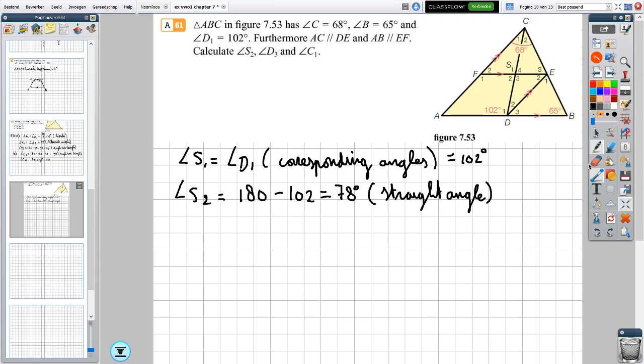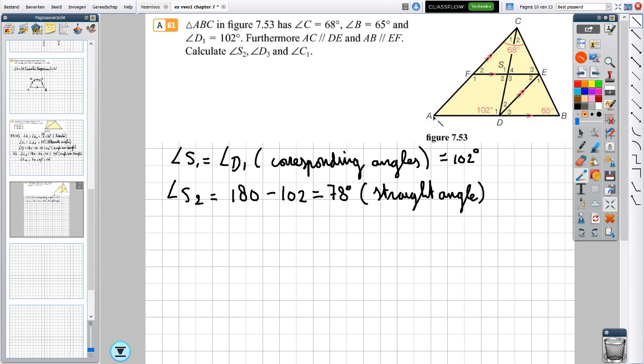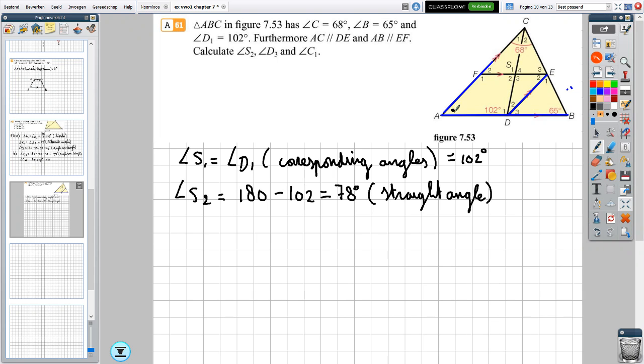What I also could do is say, well, this one is maybe a bit more hidden than the previous one, but there is a corresponding angle like this right here, which means that this angle, angle A, equals angle D3. Can I calculate angle A? Yes, I can, right? Because I know angle C12 and I know angle 65, angle B.